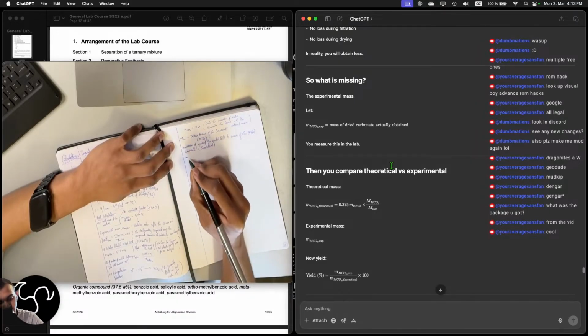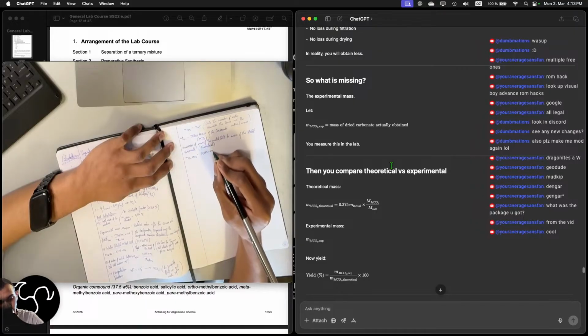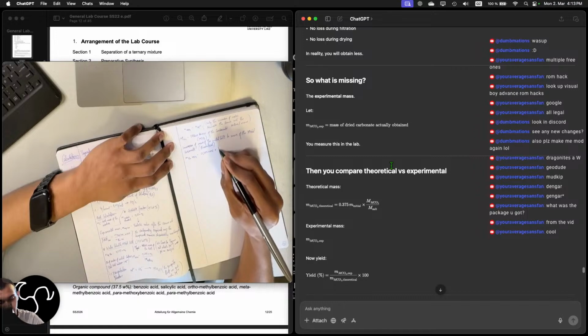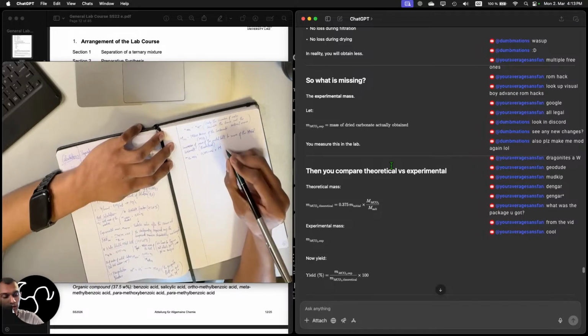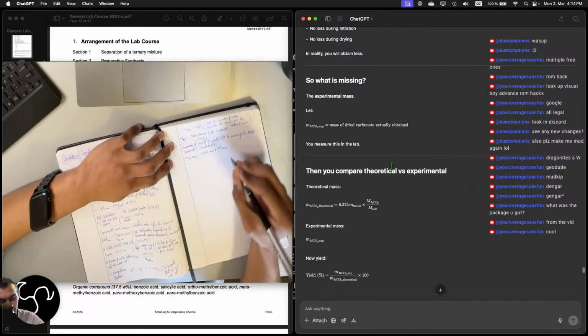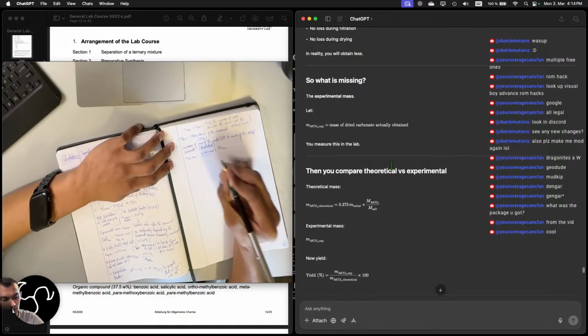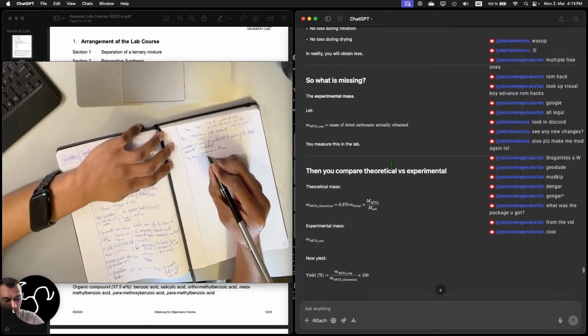So M is equal to 0.375 M initial times molar mass of CO3 divided by M of salt.